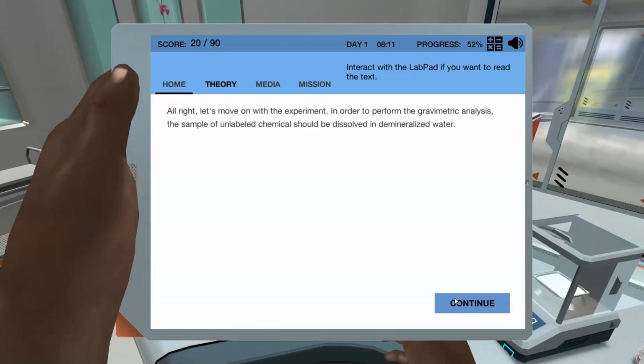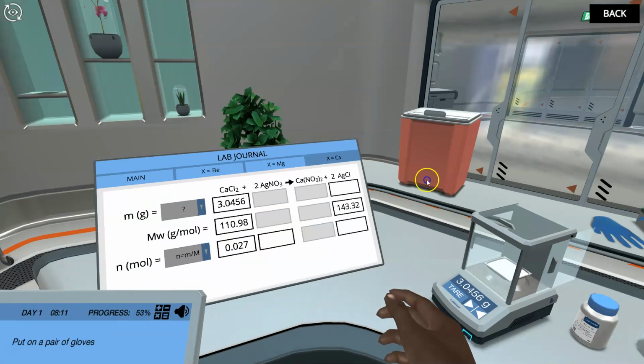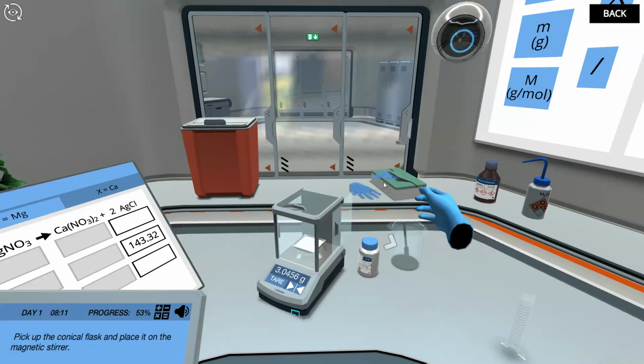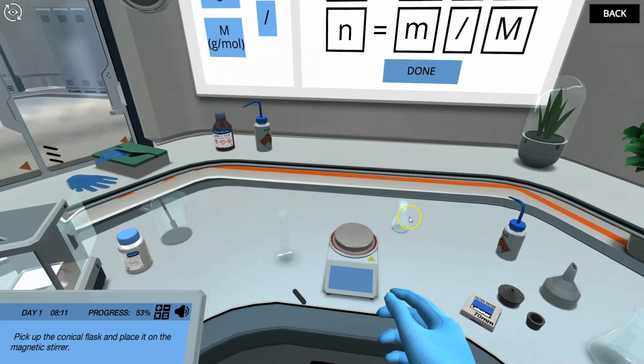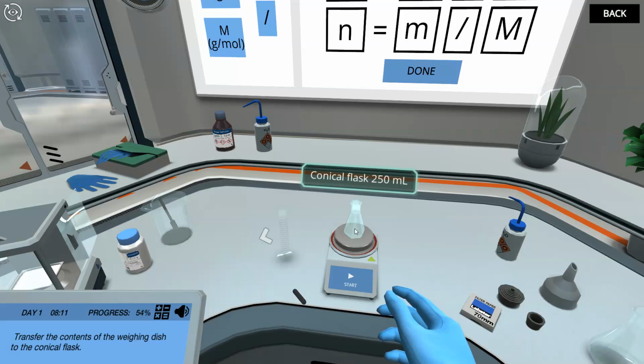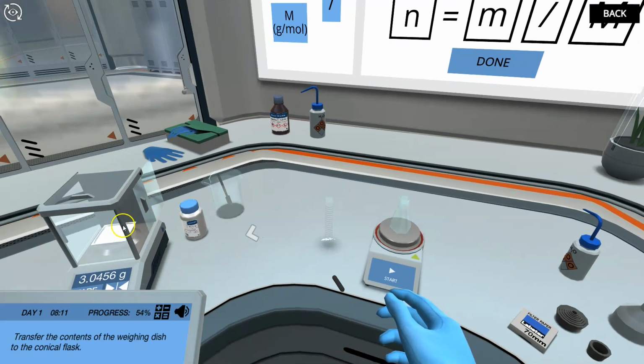Alright, let's move on with the experiment. In order to perform the gravimetric analysis, the sample of unlabeled chemical should be dissolved in demineralized water. Put on a pair of gloves. Pick up the conical flask and place it on the magnetic stirrer. Transfer the contents of the weighing dish to the conical flask.